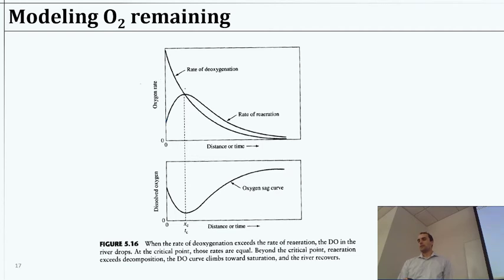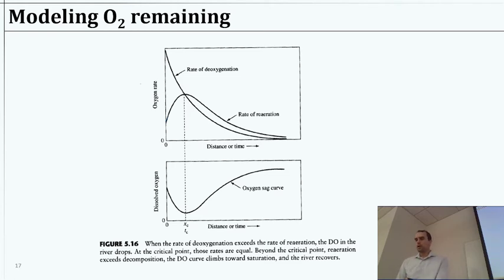I don't think it has to intersect precisely on the graph here, but the point is that that's just going to be decreasing, whereas the oxygenation rate and the actual dissolved oxygen are going to reach a min and max there kind of at the same point.